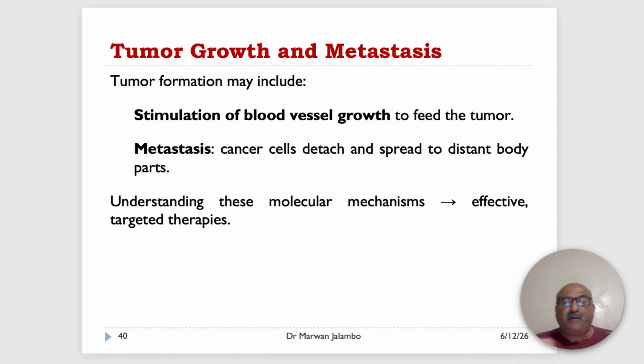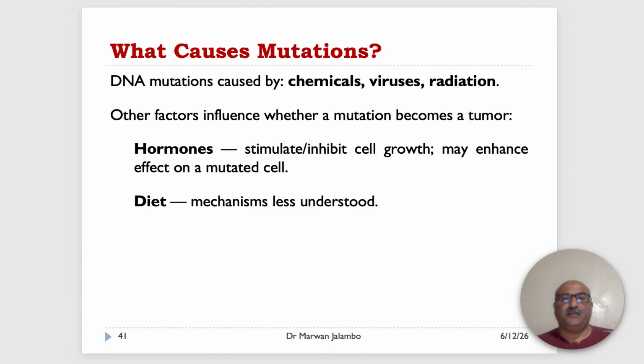Now, the public health question. If a mutation starts it all, what causes the mutations? Three main culprits cause DNA mutation. Number one, chemicals. Number two, viruses. Number three, radiation. We will take each in turn, but there is a second layer.